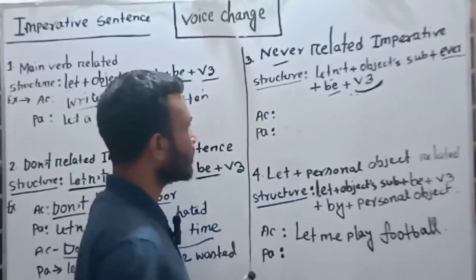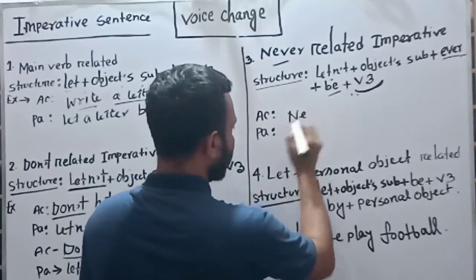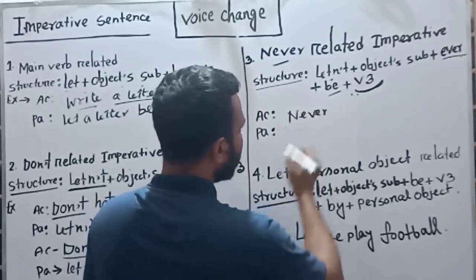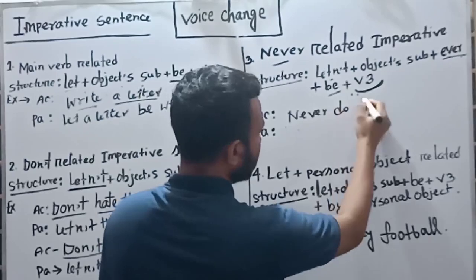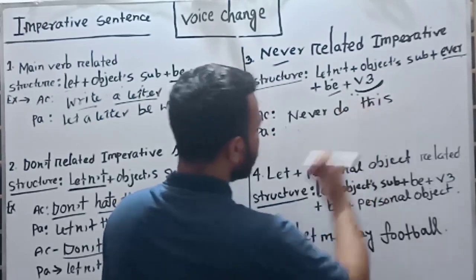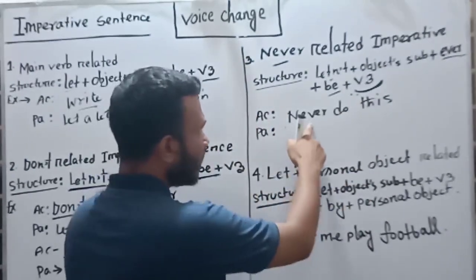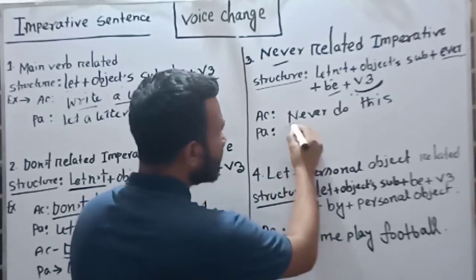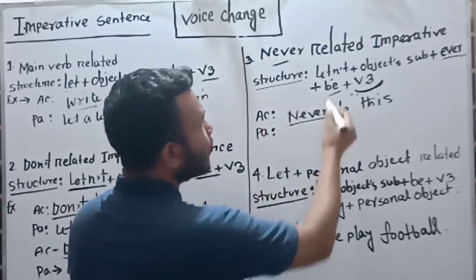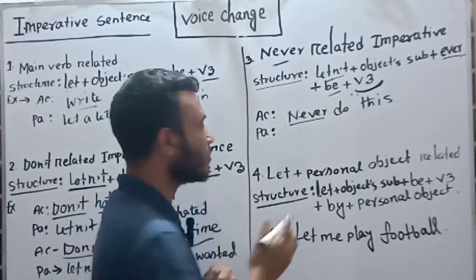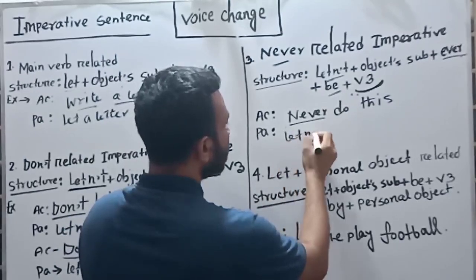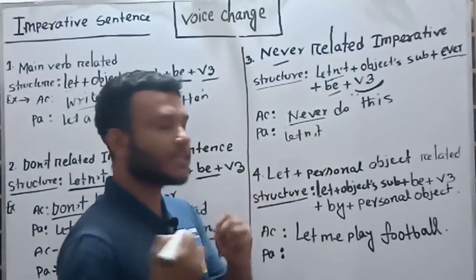If I use never in an example, it will be never do this. The sentence has started with never. So your answer of the passive will start with let not. Make the object into subject.